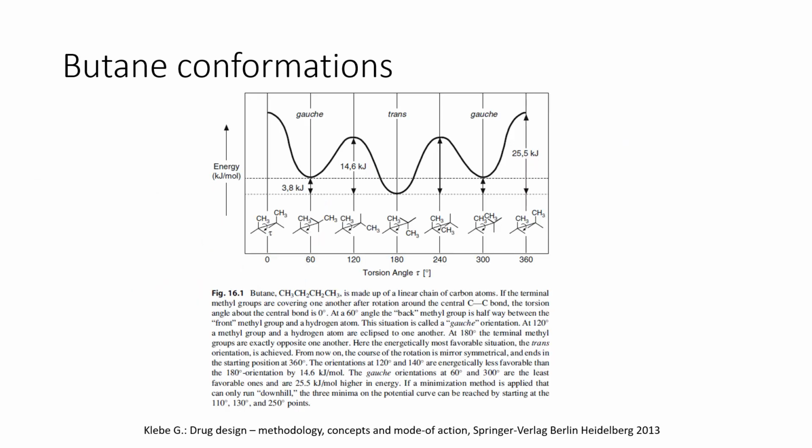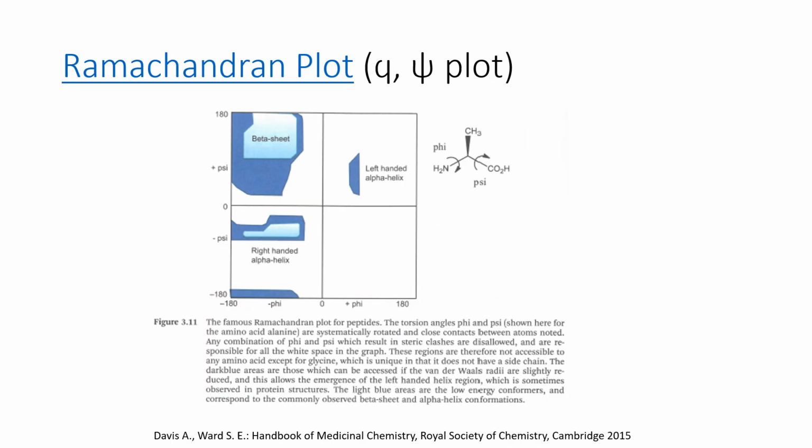You probably know this diagram, the dependence of energy on the torsion angle of butane. You probably do not know the Ramachandran plot, which is a dependence of phi and psi angles in the scaffold of proteins.